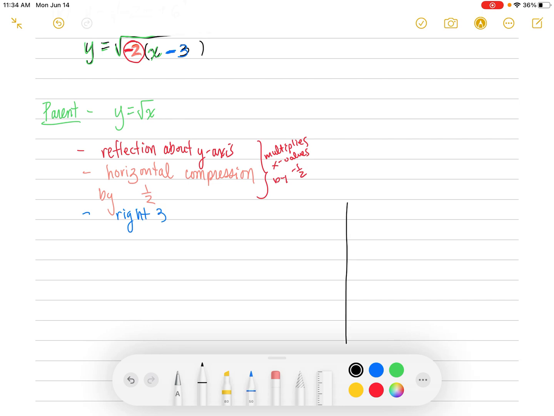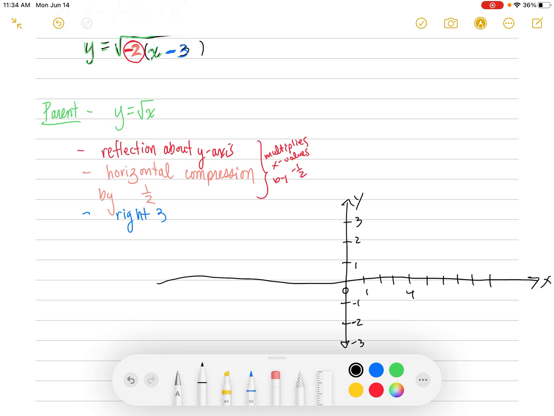Okay, so let's do this. I'm going to start off with my square root function. Writing down my y-axis values.